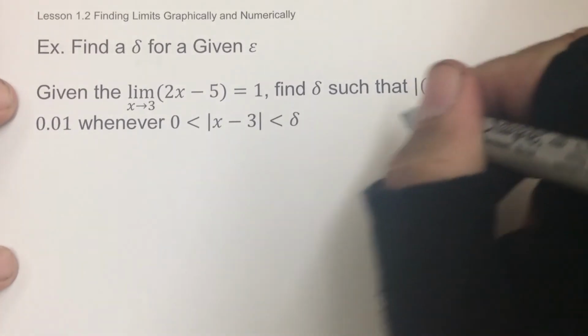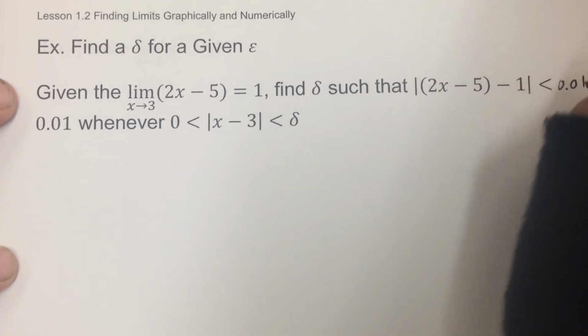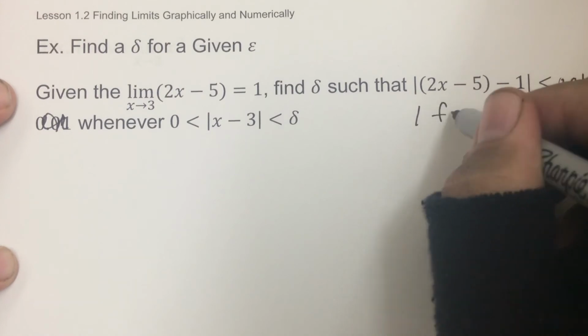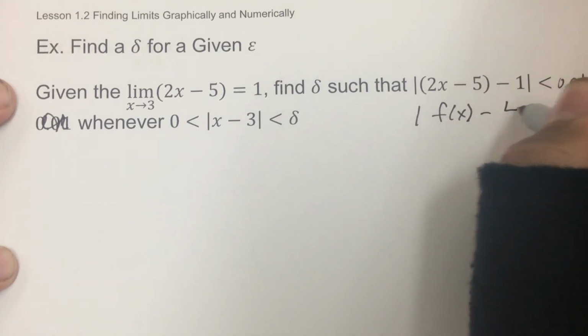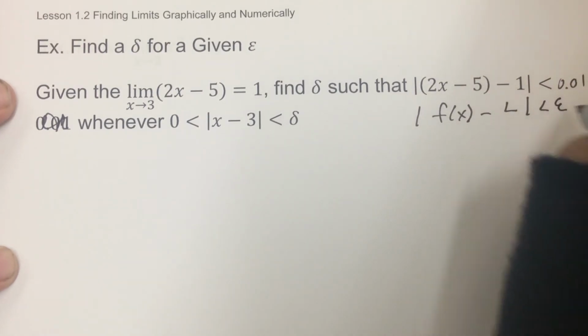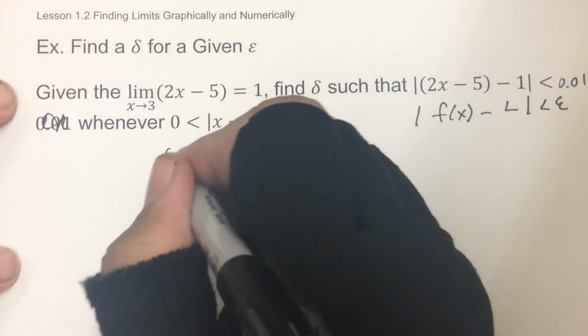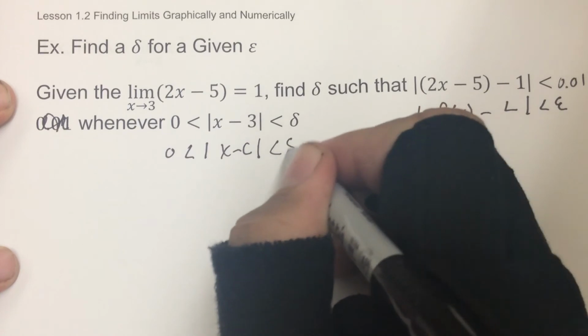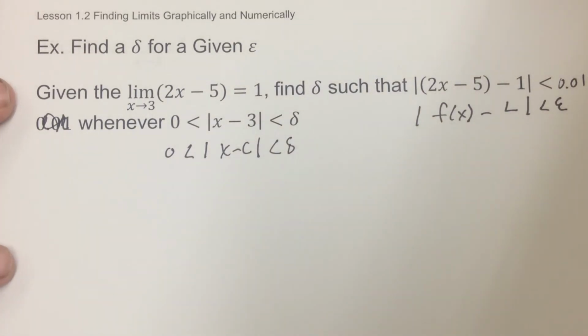This one here is, and I'm going to move this 0.01 over there. So this is that absolute value of f of x minus L is less than our epsilon. This one here is 0 is less than the absolute value of x minus c is less than our delta. So that's how they're setting these up.